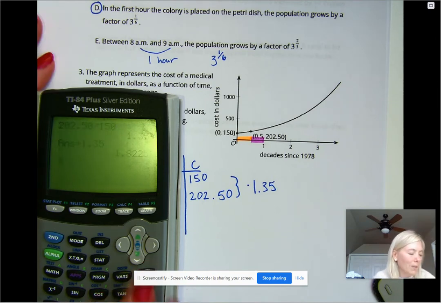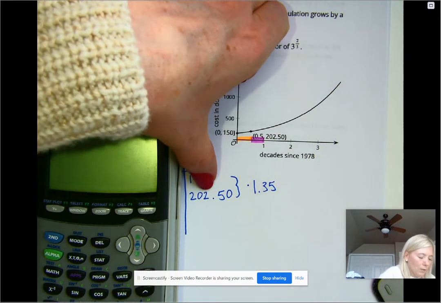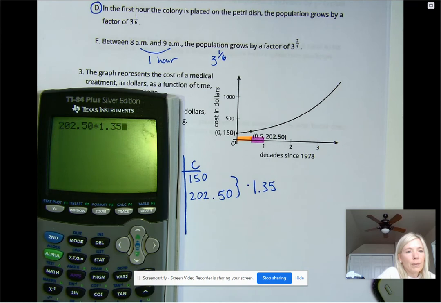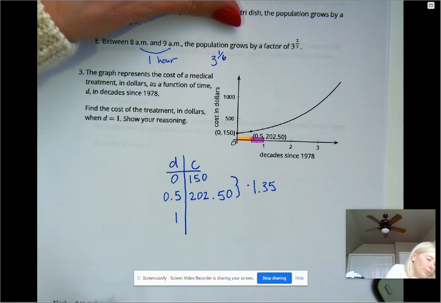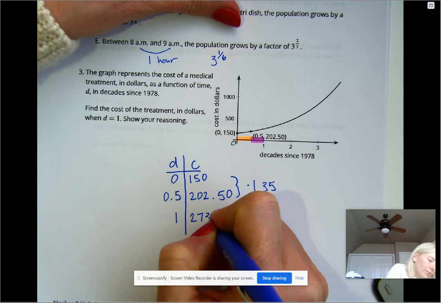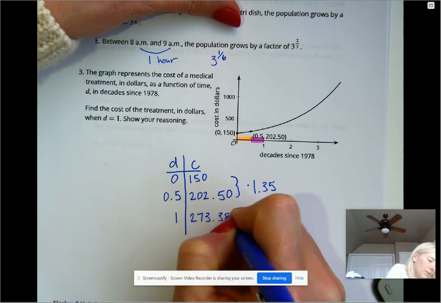If I multiply this amount, 202.50, by 1.35, that's what I meant to say. Then I get the amount half of a decade later in decade number 1. Okay, so 273.38, round that up. And that's what it's asking for.